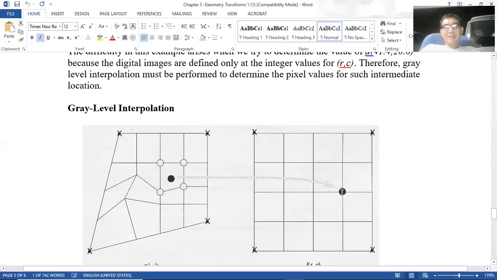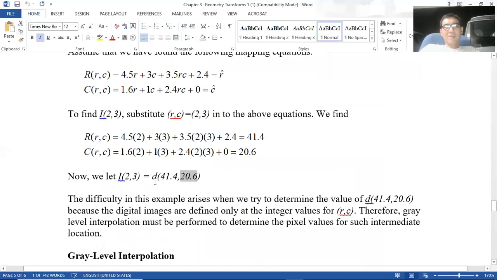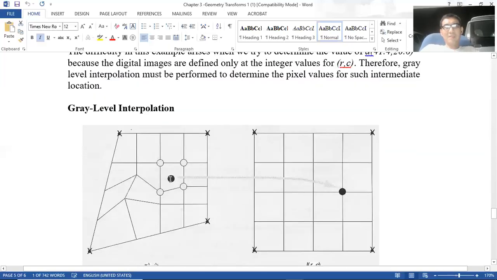If you get the equations, you find that that location is not an integer. That location is some non-integer location, meaning it is in between, because we know that our locations are all defined by integers. But usually after you do the mapping, you get a location which is non-integer, and non-integer simply means it is in between the actual points.